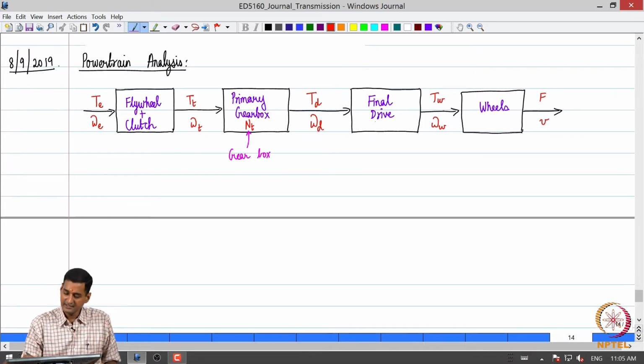The gear ratio of the final drive is denoted by N subscript D. Oh, sorry, N subscript T is the gearbox gear ratio of the selected gear. So N subscript D is the gear ratio of the final drive.